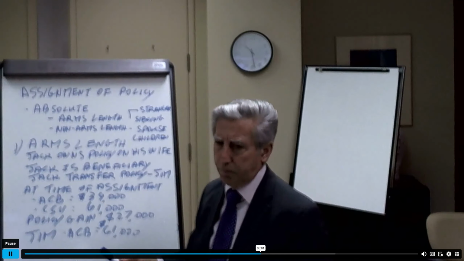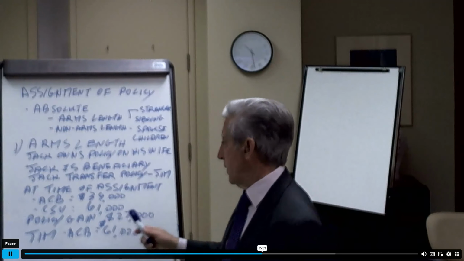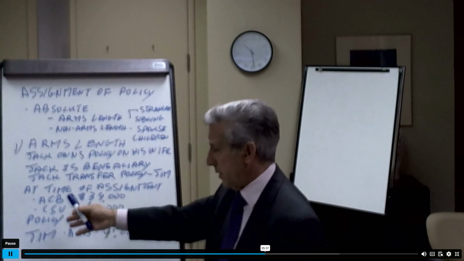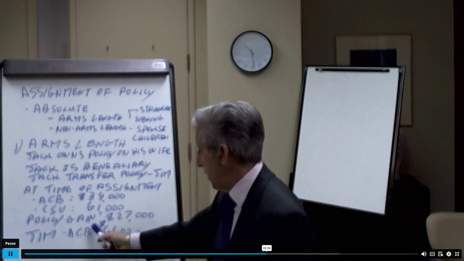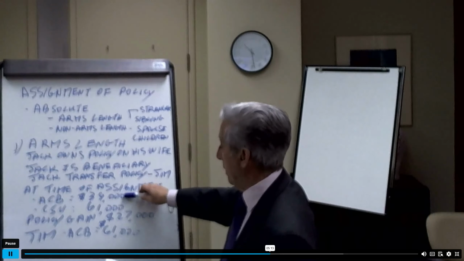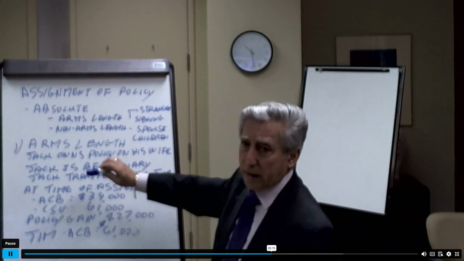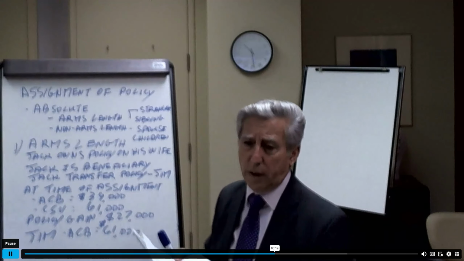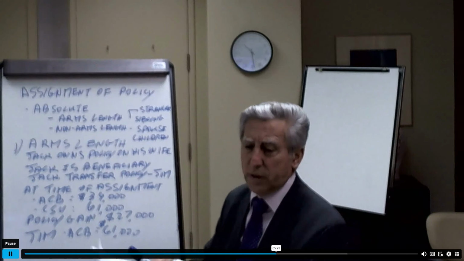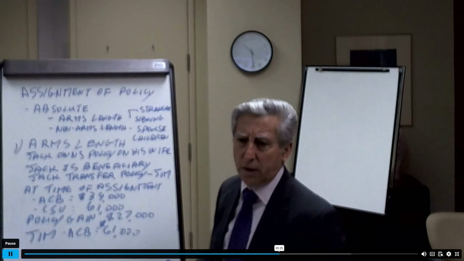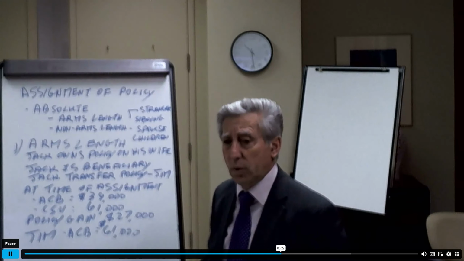Because Jim has acquired it at the point of transfer, his adjusted cost base is now $61,000. In other words, the tax was already paid by Jack up to that $61,000. At that point, Jim takes over that policy. So now his ACB, his cost of acquisition, you might say, is $61,000.